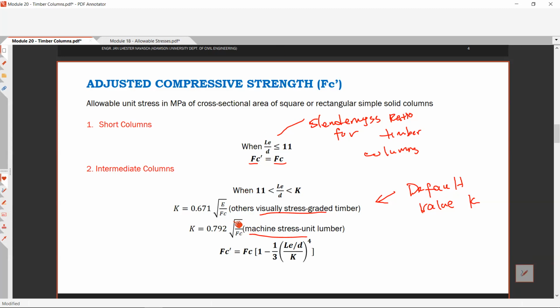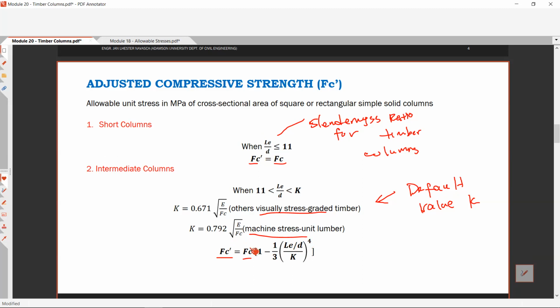Same as before, E is the modulus of elasticity and FC is the compressive stress of your timber. Okay? So the adjusted formula, FC prime, is equal to FC multiplied by the quantity 1 minus 1/3 of the slenderness ratio over K, raised to 4.